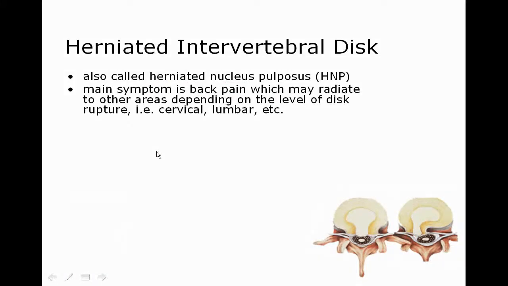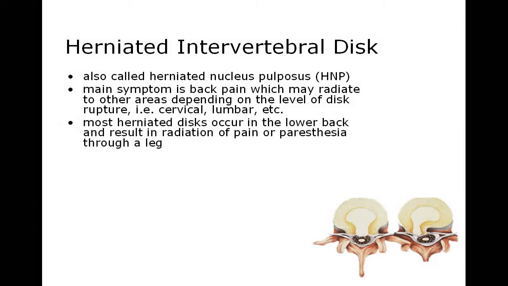The pain that a person has will depend on what level of the disc is involved. If it's a herniated nucleus pulposus of the lumbar area, the person's lower limbs and lower back will be affected, and that's where that most commonly occurs, the lower back. If the herniated nucleus pulposus is in the cervical spine area, then the neck's going to be involved and the pain will radiate down an arm.